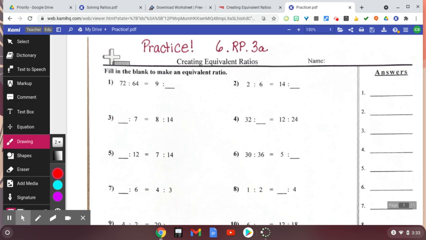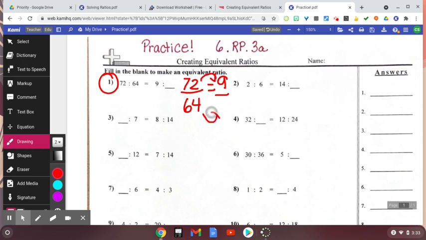Okay, so if you take a look at number 1, obviously we're going to rewrite this as a fraction. 72 to 64 is the same as 9 over something. So whichever method you want to use, either the cross multiplication or know that, well, 72 divided by 8 equals 9.